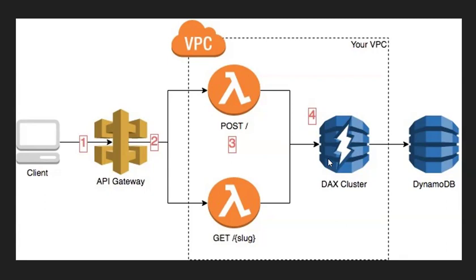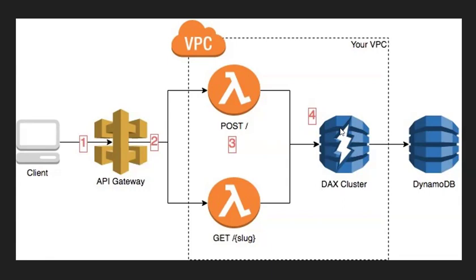When DAX receives a read request, it first checks whether the requested data is already cached in the DAX cluster. If the data is found in the cache, DAX returns it directly to the application, which helps reduce the latency of your read operation.